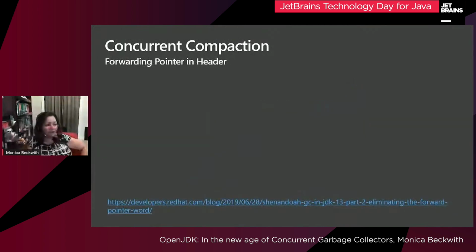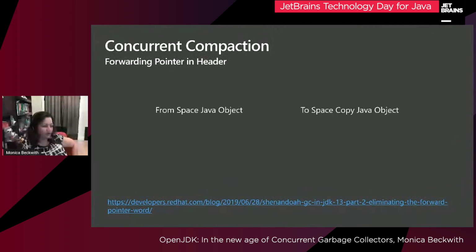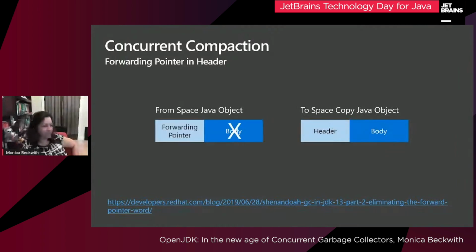And now they just use the concept of a forwarding pointer in the header. So you have the from space and the to space copy. You have the Java object body and the header. Instead of the indirection, in the from space we just install the forwarding pointer, so basically we're pointing to the to space, and that's as simple as that.